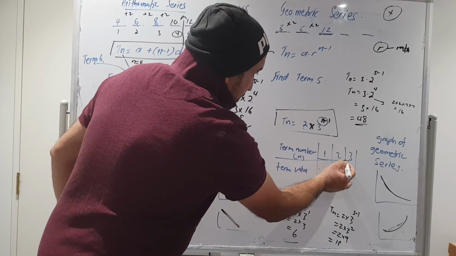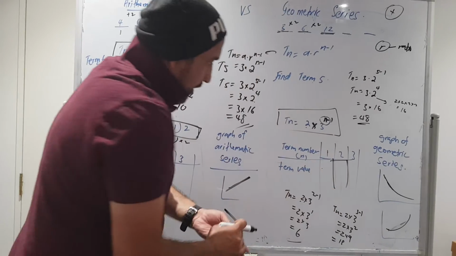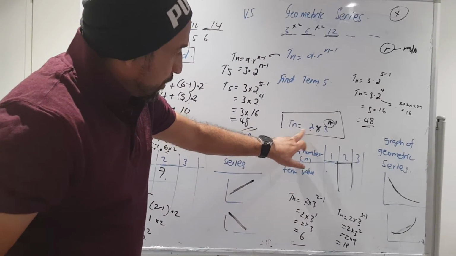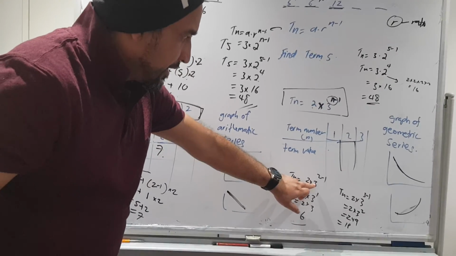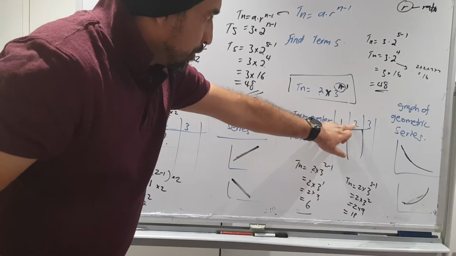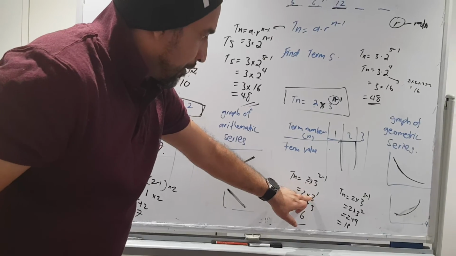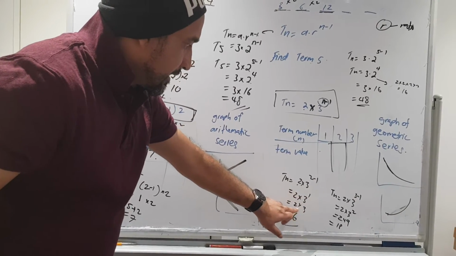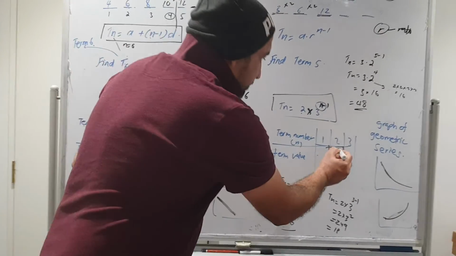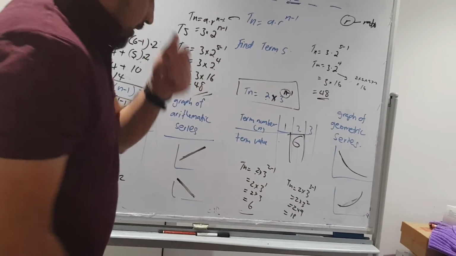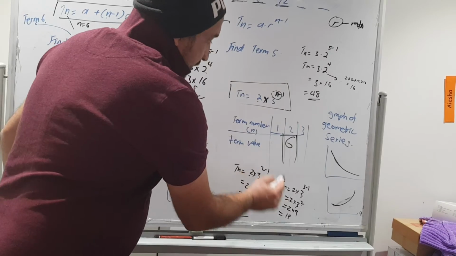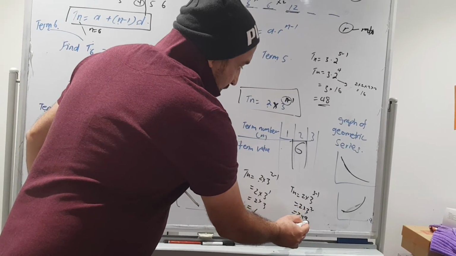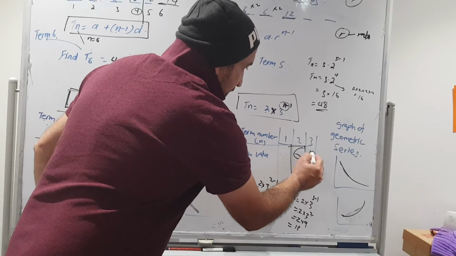I have done number 2 here. Tn is equal to 2 times 3 to the power of n minus 1. For term 2, 2 minus 1 is 1, so 3 to the power of 1 is 3, times 2 is 6. The next one, 3 minus 1 is 2, so 2 times 3 to the power of 2, which is 9. 2 times 9 is 18.